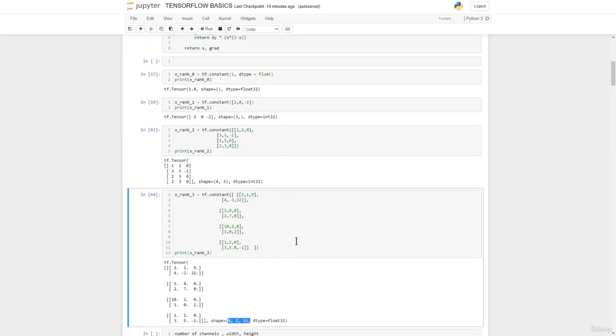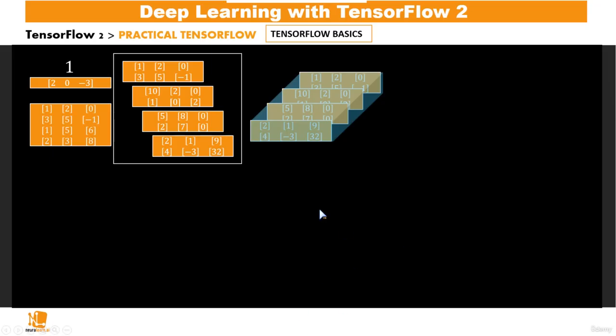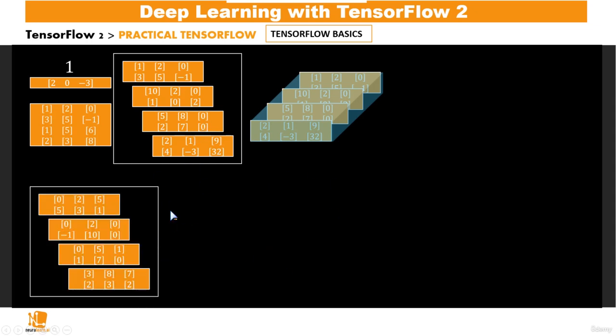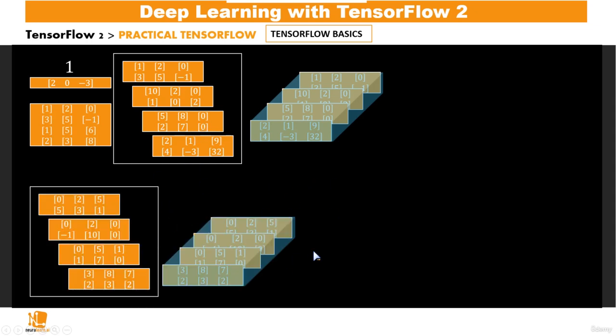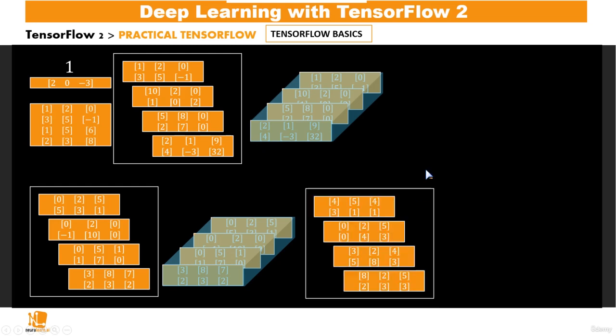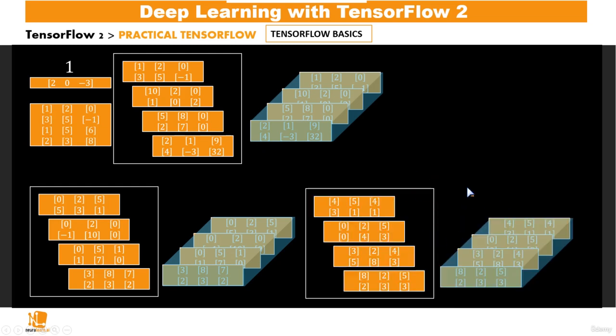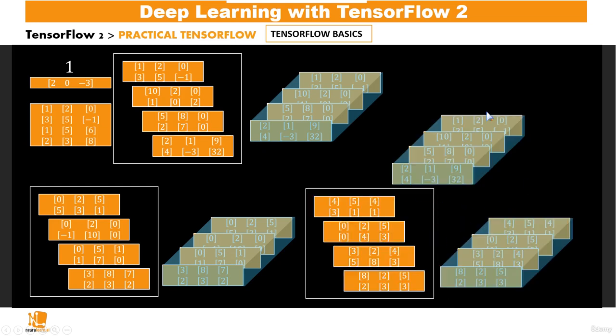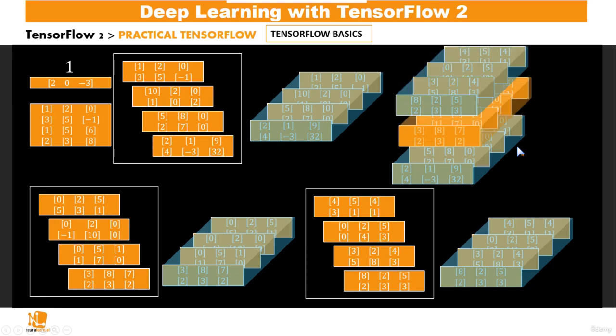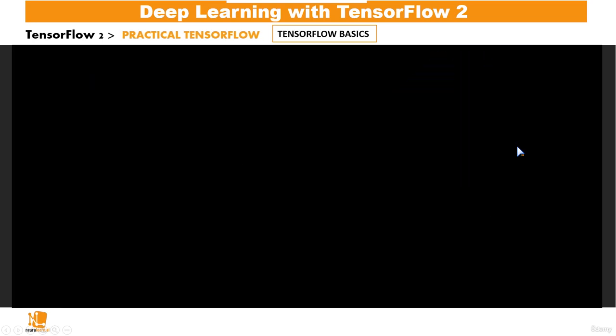Now let's look at a tensor of rank 4. Before looking at a tensor of rank 4, we shall look at 2 other tensors of rank 3, because a tensor of rank 4 is gotten by stacking up these tensors of rank 3. So we have defined this tensor of rank 3, this other tensor of rank 3, this other one of rank 3, and then finally we have this tensor of rank 4, which is gotten by stacking up these other tensors.